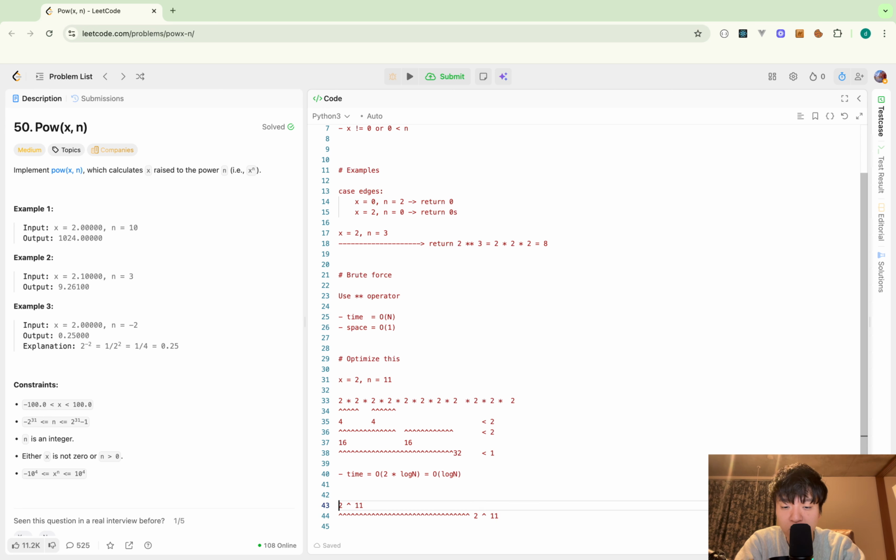So I use the formula here. 2 to the 11th is 2 to the 5th, multiply this and 2 once.